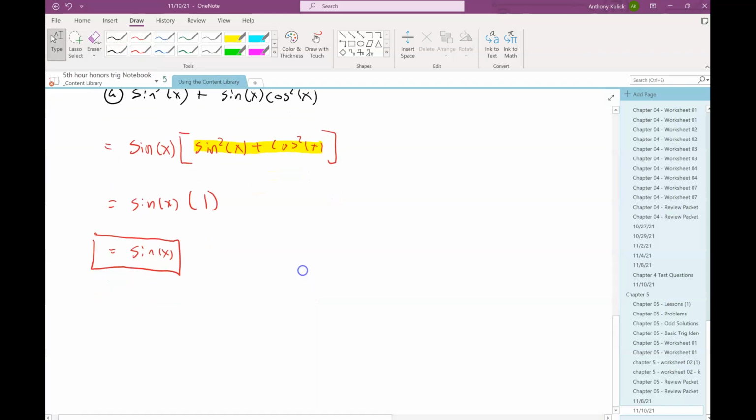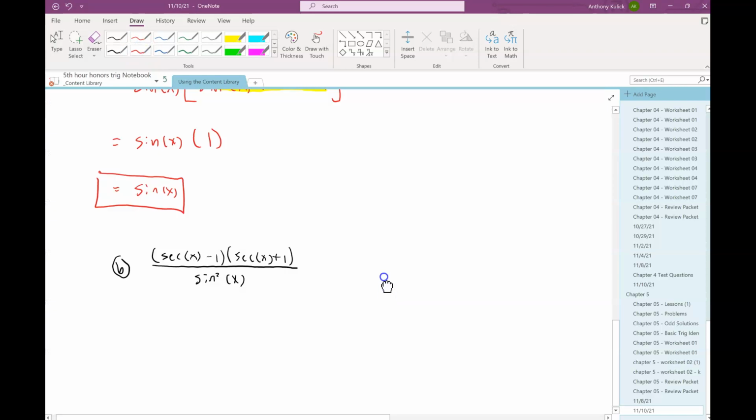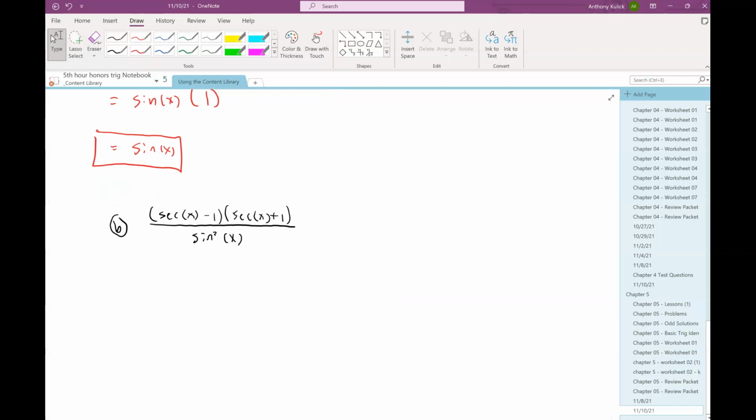Let's do some more examples. So let's say I have secant x minus 1 times secant x plus 1 all over sine squared x.